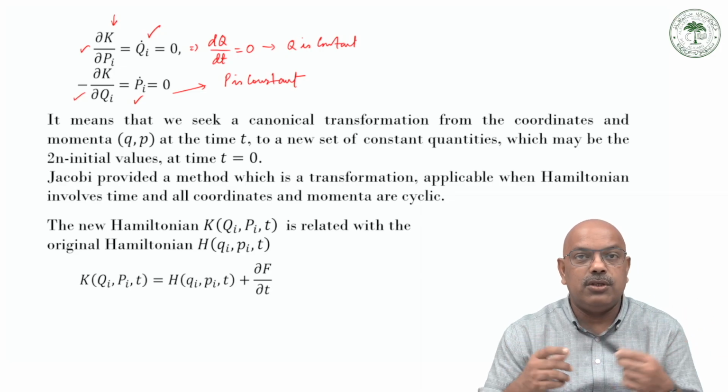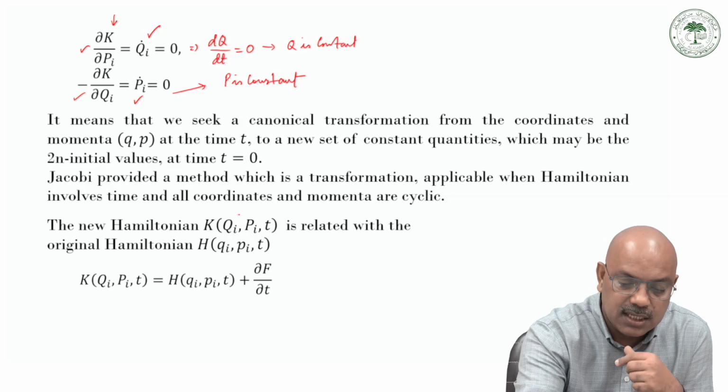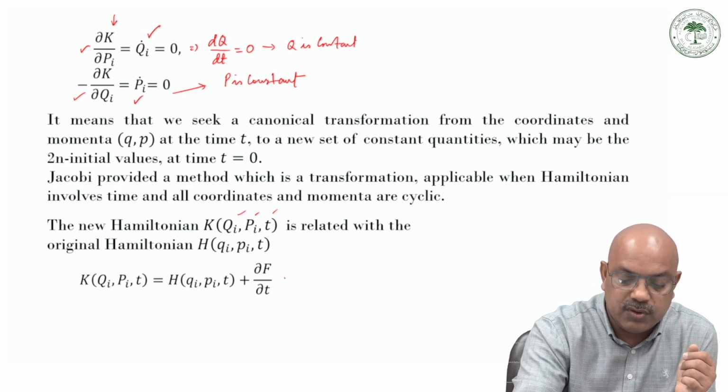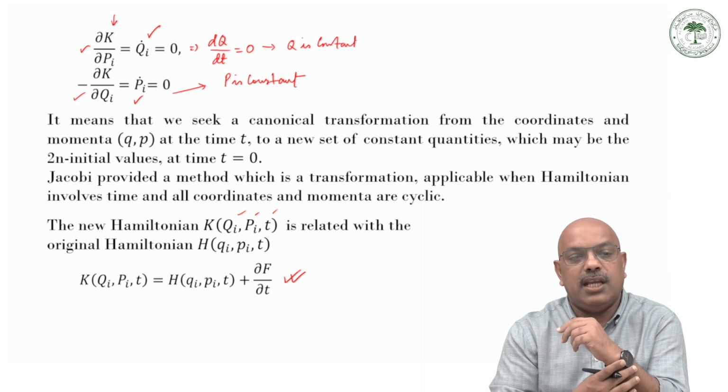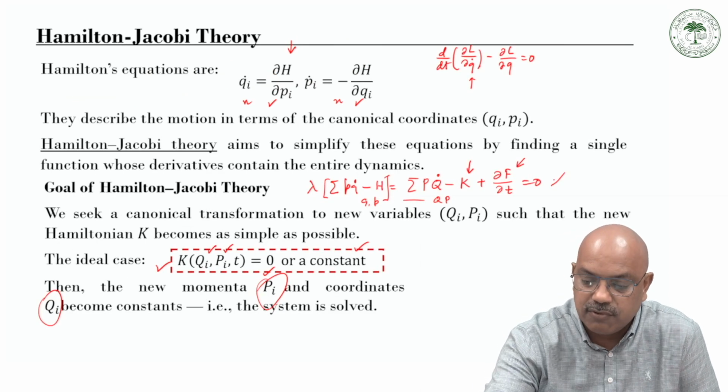So what we are going to do is that the new Hamiltonian, which is my K, depends upon the new variables capital Q, P and t, and is related to the original, old Hamiltonian by the relation from the canonical transformation, as you can see from here.